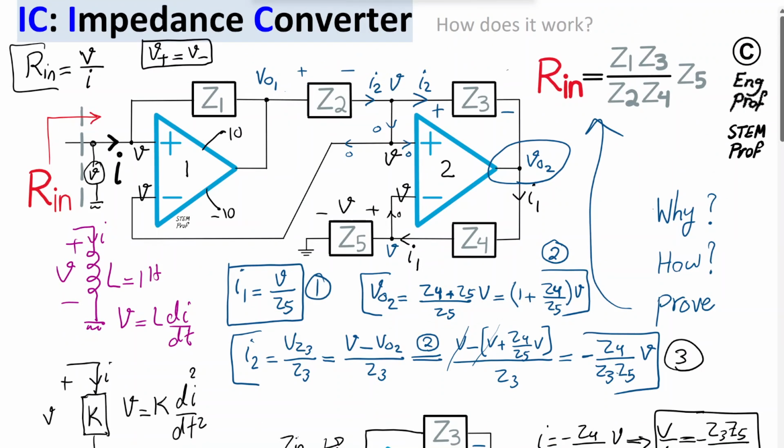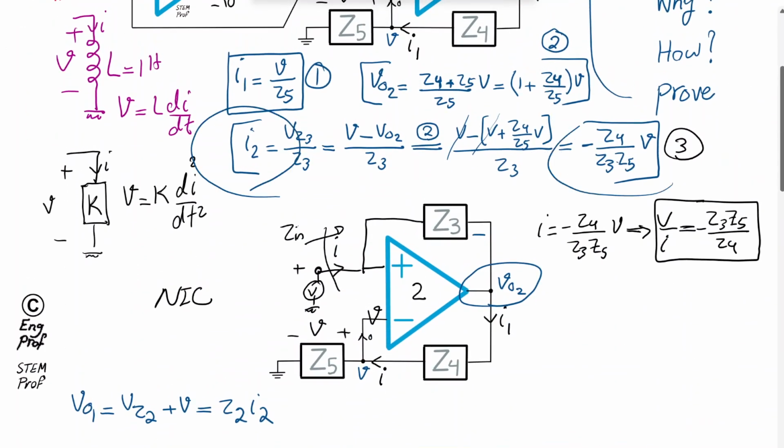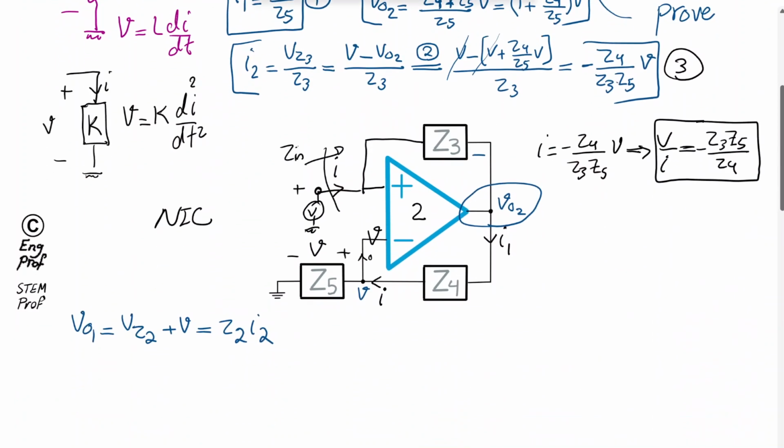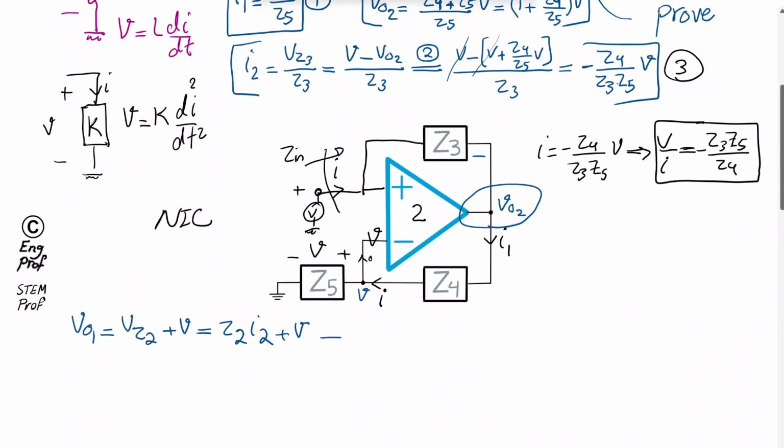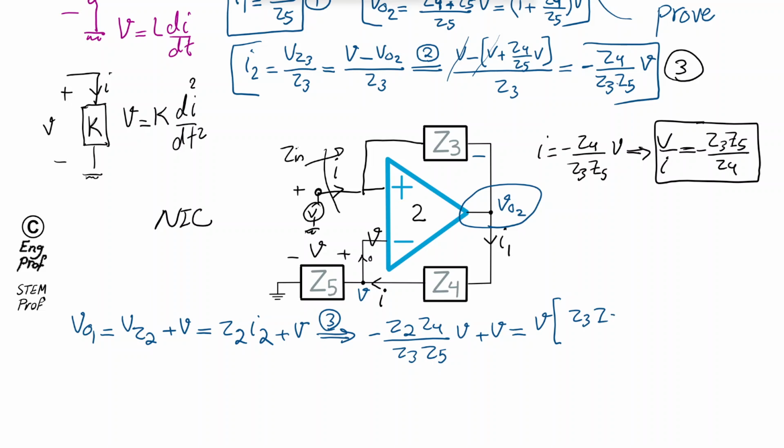And plus V, well, I2 then is what I can use from equation 3 as a function of V. So let's use equation 3 to substitute for I2, and then we get minus Z2, Z4, Z3, Z5, V, and then plus V, which we can of course factor out V. And if you do that, then you end up with Z3, Z5 minus Z2, Z4 divided by Z3, Z5.